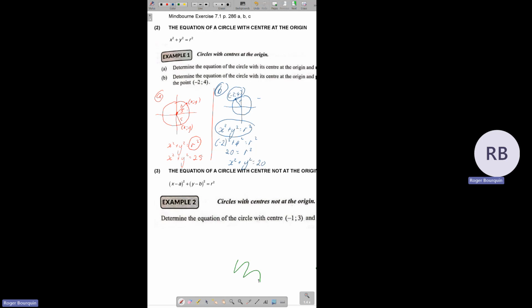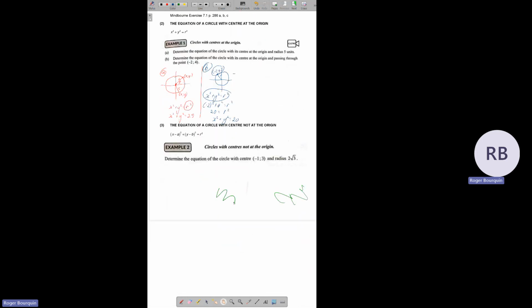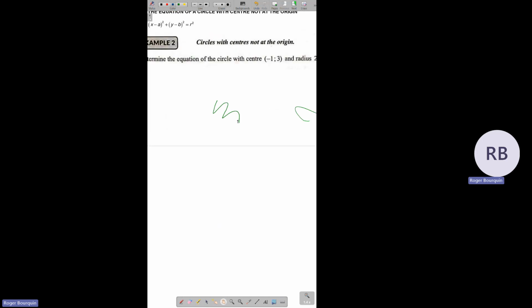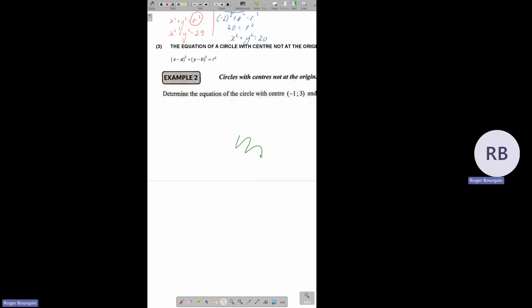Now, if we have a circle where the center is not at the origin, the notation we're going to use is this. The center of the circle, we're always going to give the coordinates A, B. So say I have a circle, the center is at A and B. We often call the center of a circle not at the origin M for some reason.